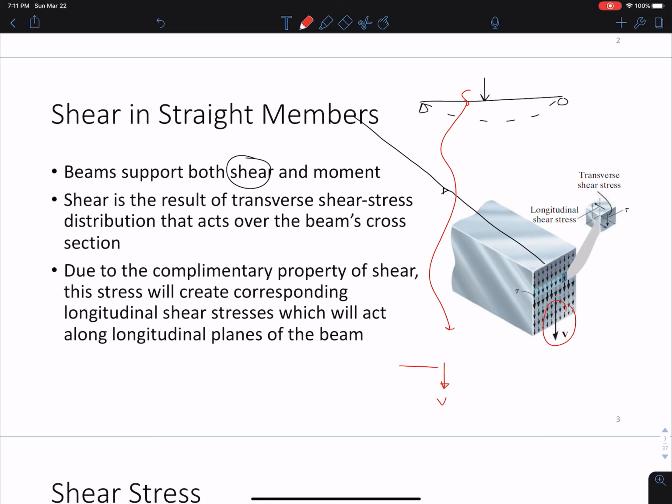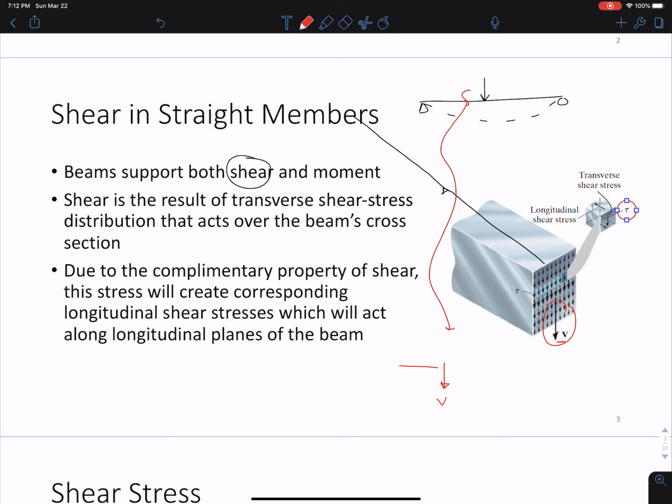And we also know that shear, we talked about this way early on in topic 2, has this special property called the complementary property of shear. And this shear force V creates corresponding longitudinal shear stresses, these taus, which act along the longitudinal planes of the beam.